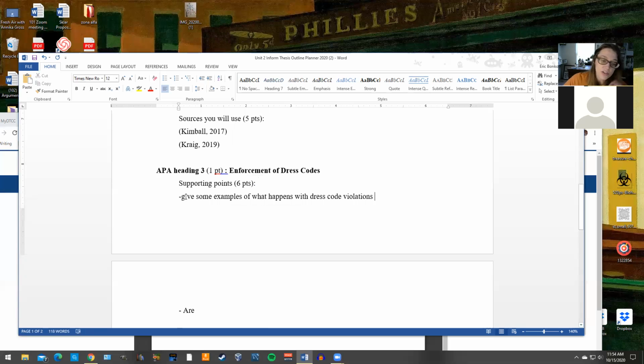And this might also be a really good section to talk about a little bit of the controversies of pushback from students who don't think the codes should be included or enforced, and maybe some of their reasons. So maybe that's a paragraph.